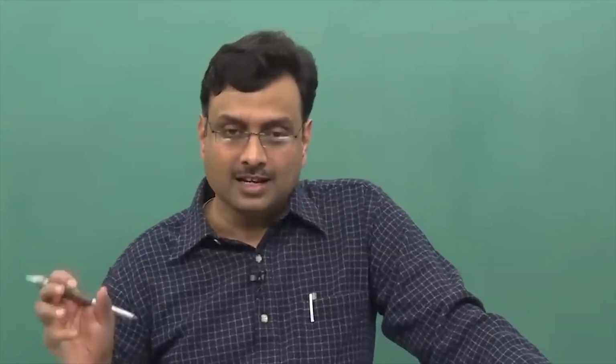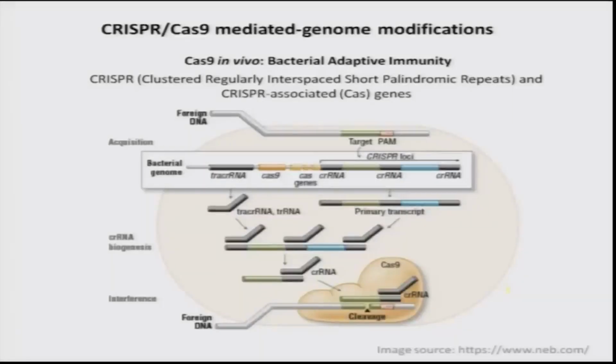Such short palindromic sequences are clustered, meaning present close to each other, but these are interspaced, meaning they are not continuous, but there are other sequences in between. Such sequences really help in the fight against invaders. The abbreviation of clustered regularly interspaced short palindromic repeats is CRISPR, and then you have genes that are associated with this cluster, CRISPR associated, therefore they are called Cas9, right. So whatever Cas genes, that is what it is.